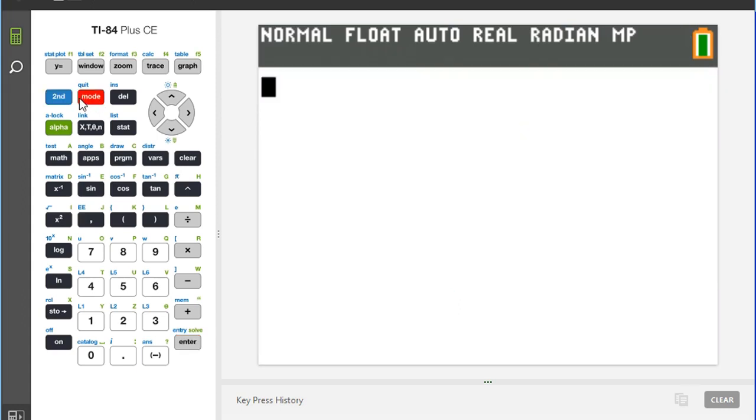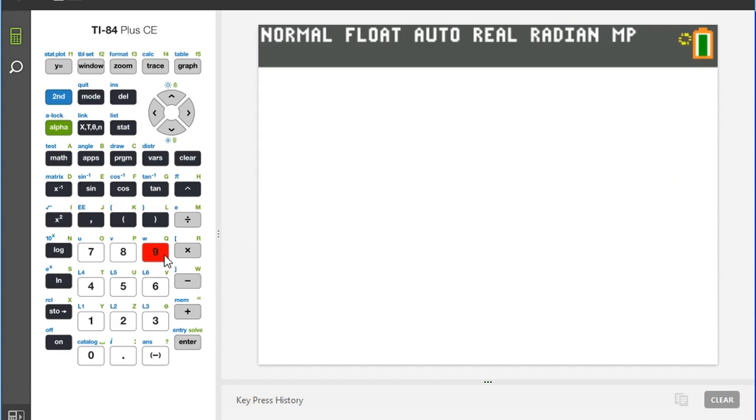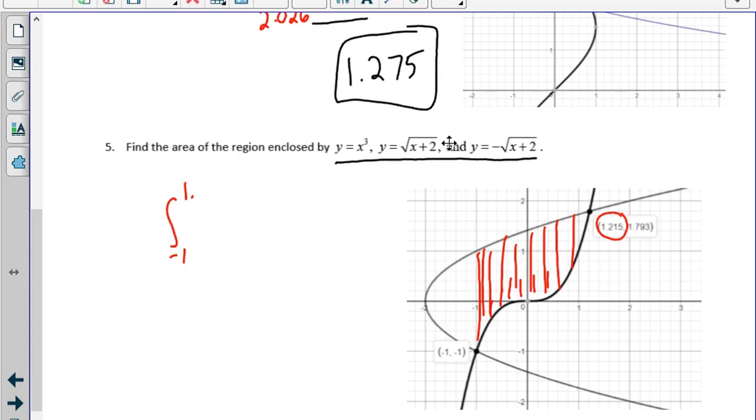But if I'm integrating this on the calculator, I'm going to go to fnint, and I'll show you how to do that in a second. But one thing that you will notice is that if I'm integrating this in terms of x values, I have this red shaded area that I've already got.